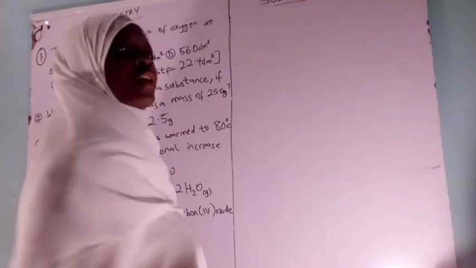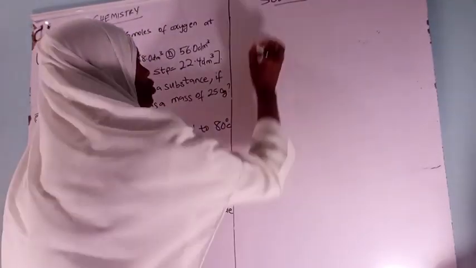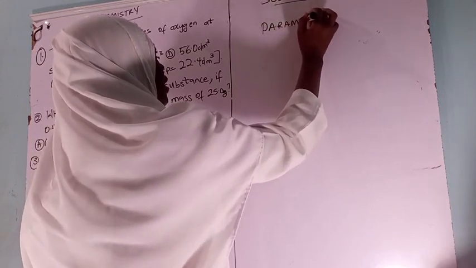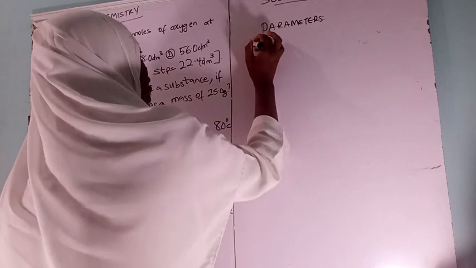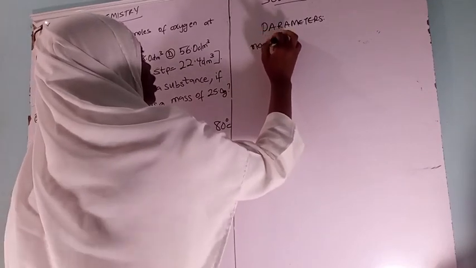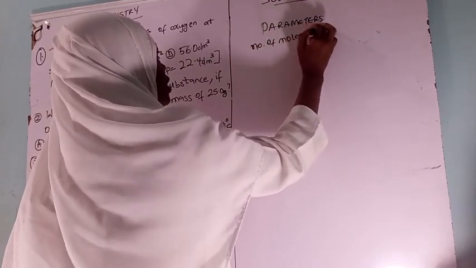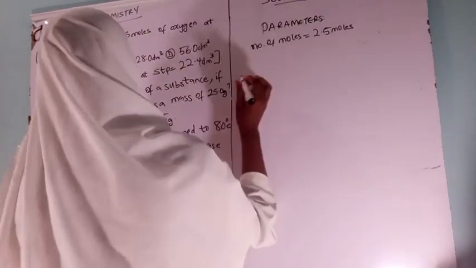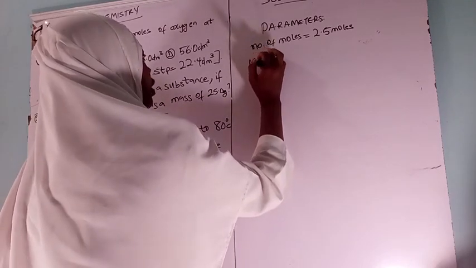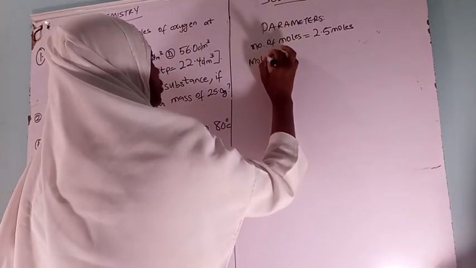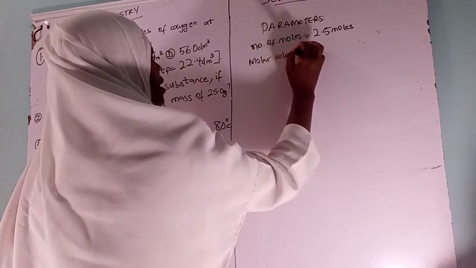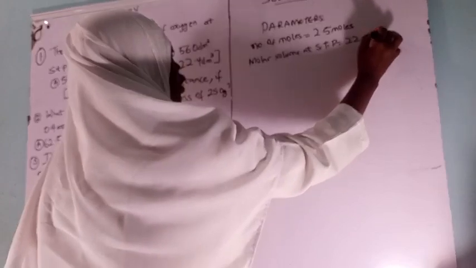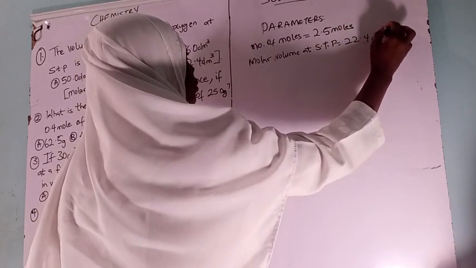Now, whenever you are given calculations in chemistry, the first thing to do is write out the parameters given. From the parameters given, number of moles equals 2.5 mole. Molar volume at STP equals 22.4 dm cube per mole.